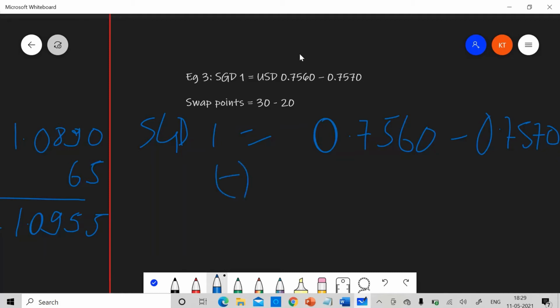If we reduce them, always start from the last decimal. And as I said, whether you need to add or deduct, the swap points given are always first the bid rate related swap point, and the next is the ask rate related swap point.